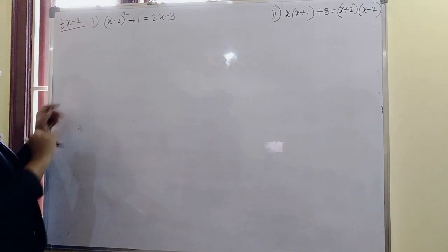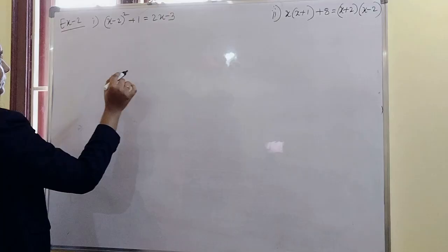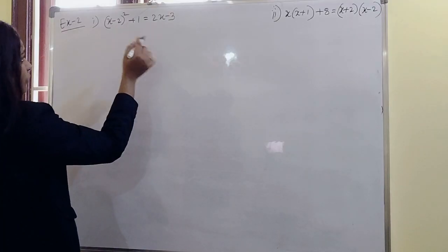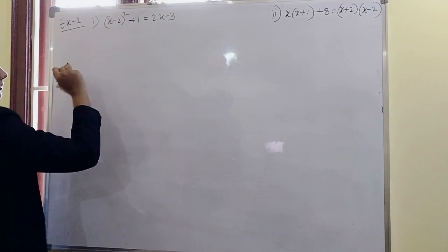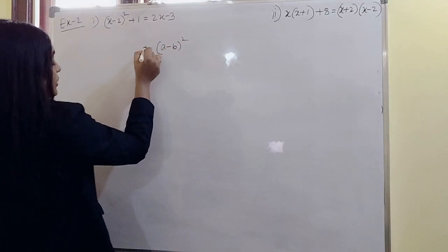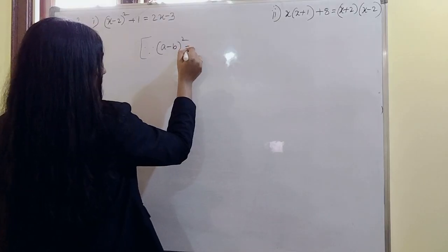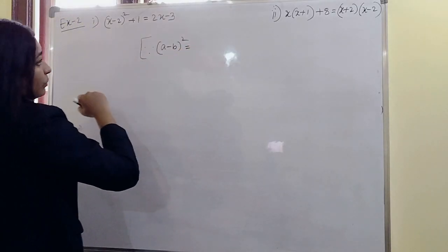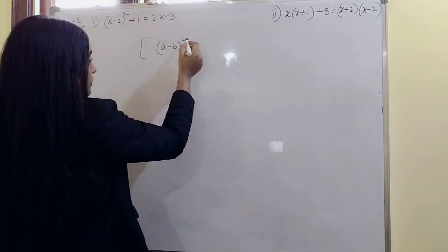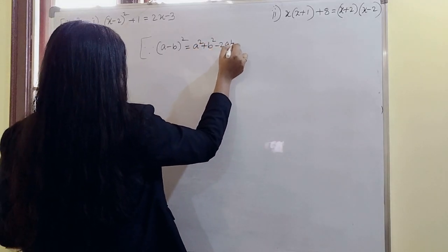So first one, x minus 2 whole square plus 1 is equal to 2x minus 3. So it is in the form of a minus b whole square. What is the a minus b whole square formula? Here I am writing. You need to memorize the algebraic equations. Everywhere we apply algebraic equations. A minus b whole square formula: a square plus b square minus 2ab.